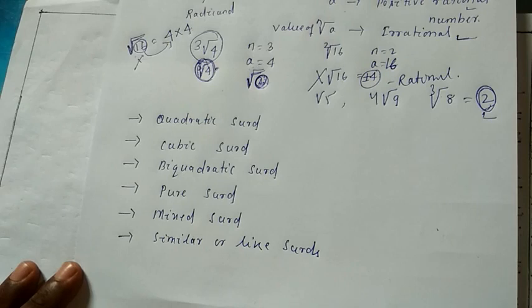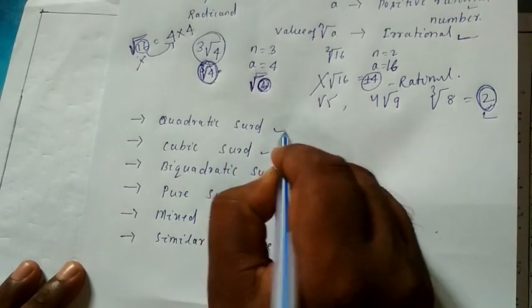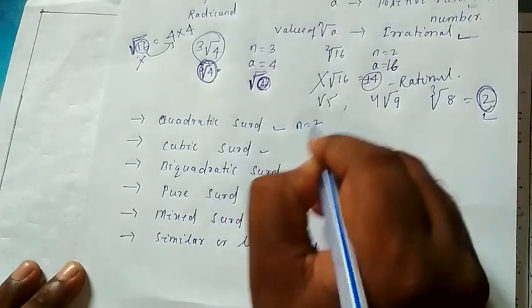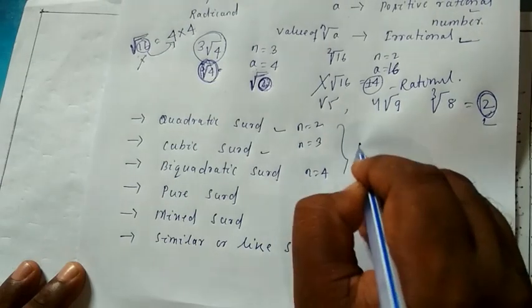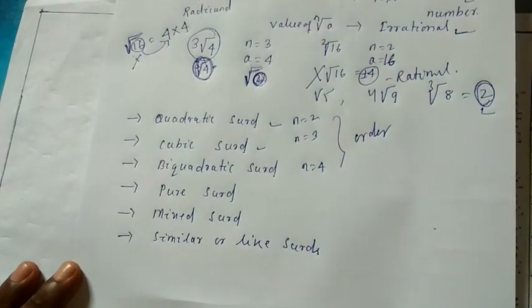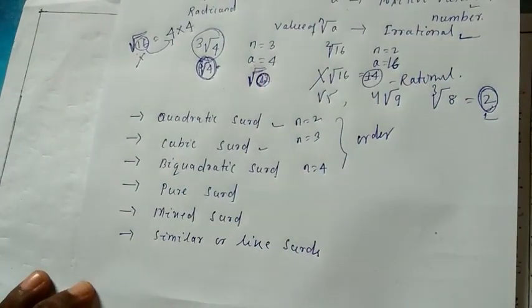If n is equal to 3, then the surd is called cubic. If n is equal to 4, and so on. Here n means order: the order of an irrational number, or the order of a radical, or the order of a surd.